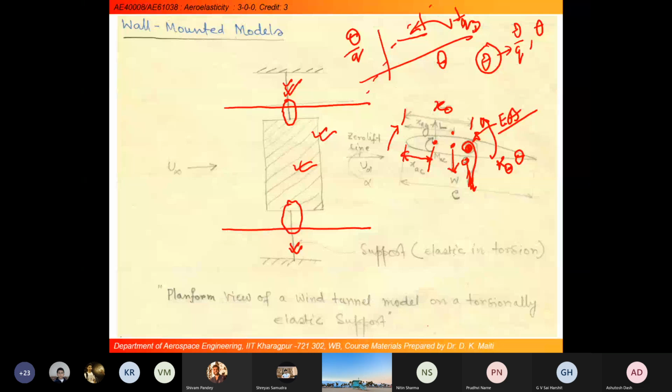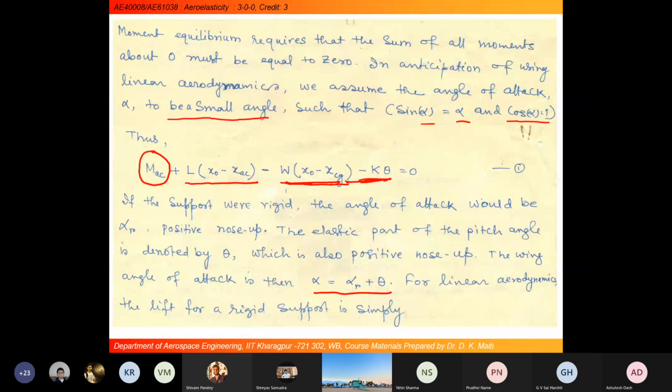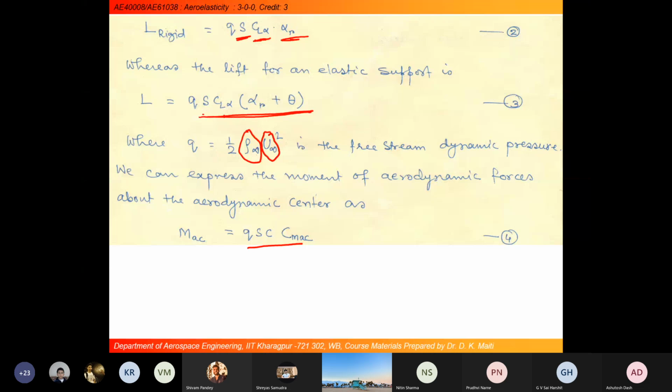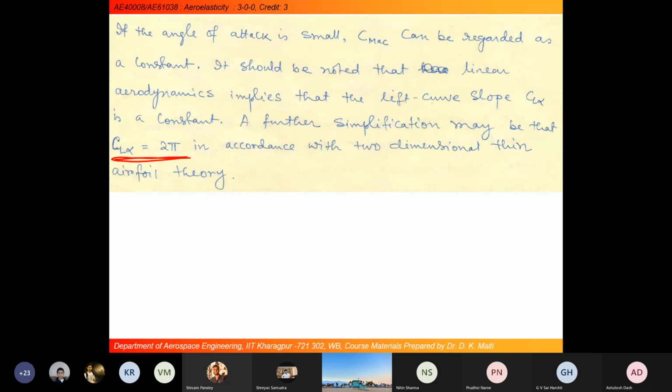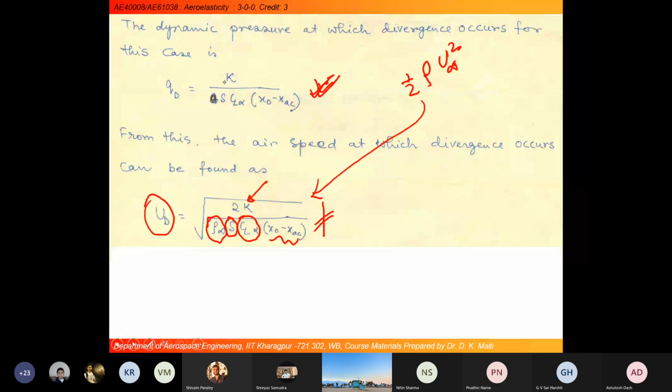The theoretical value we can get from here once we are able to measure the torsional stiffness of the rod, the planform area of the wind tunnel model aerofoil section, and CL alpha.